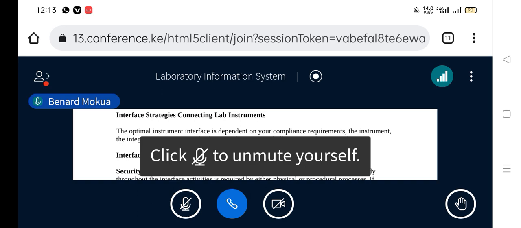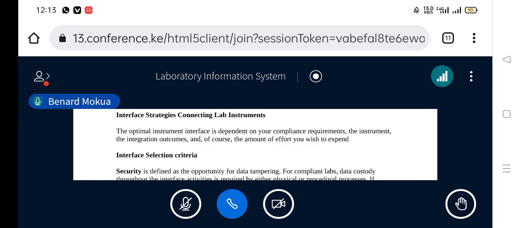So that is interfacing. And then we discussed the types of interfacing. We also discussed one of the middleware. So those are very critical aspects we have covered.